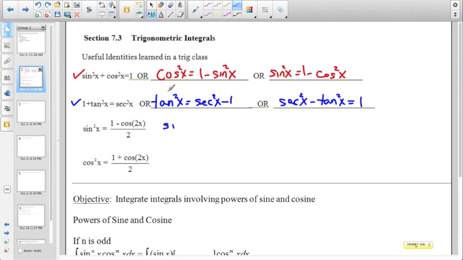And so if we would not really solve them, but express sine squared x as 1/2 minus cosine 2x over 2.